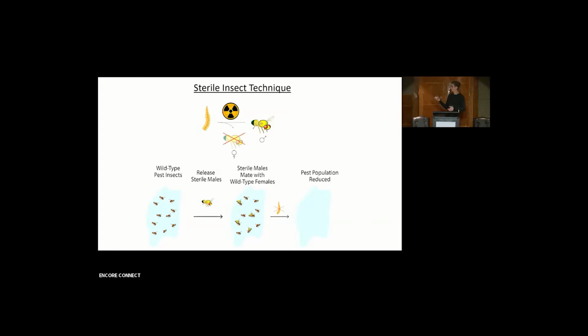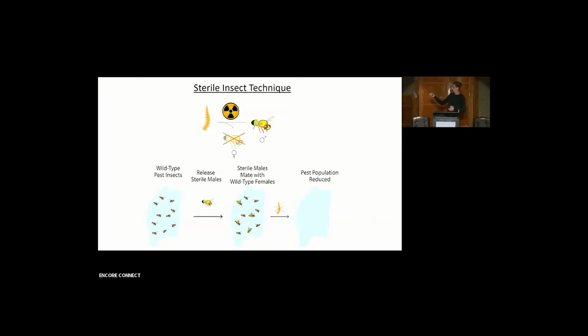And then preferably you'll just release males into the field. The sterilized males will compete with the wild type males, find females, and mate with them, and then the females that mate with the sterile males won't have any offspring, and that population will go down.